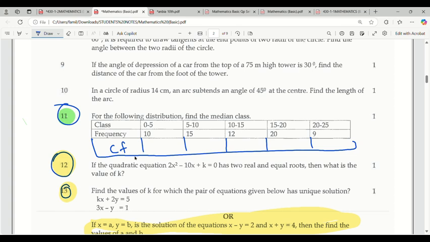Cumulative frequency: 10, 25, 37, 57, 66. Right? This is the cumulative frequency which we are having. And I hope only two boxes are enough for the video, right? Then let's see.